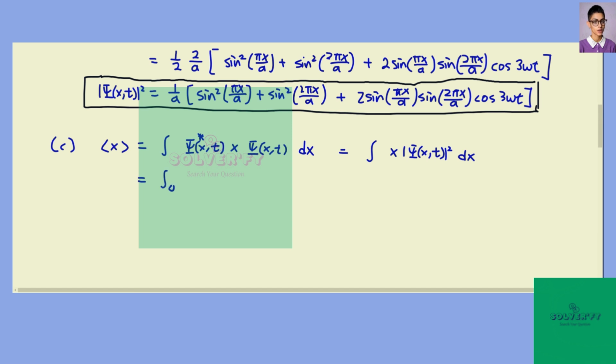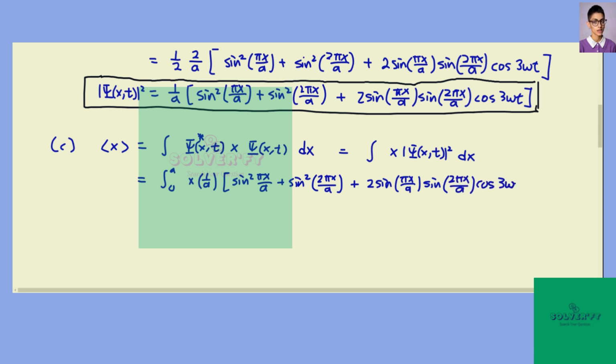Okay, go from 0 to a, x times 1 over a, sine square pi x over a plus sine square 2 pi x over a plus 2 sine pi x over a sine 2 pi x over a cosine 3 omega t and then dx.